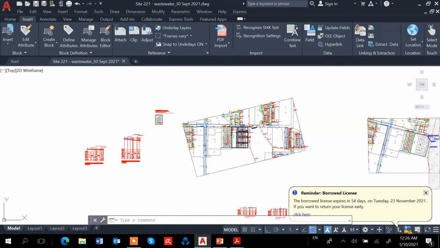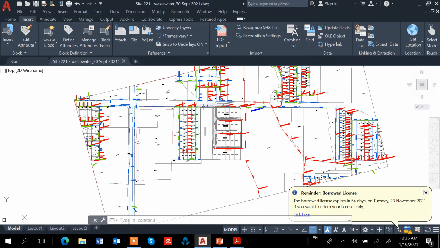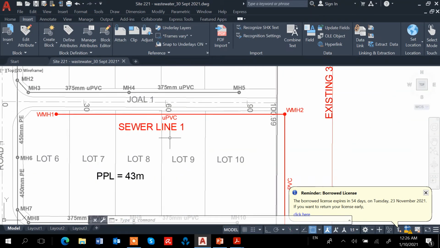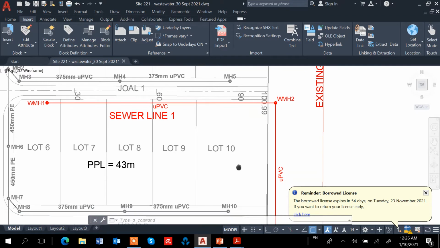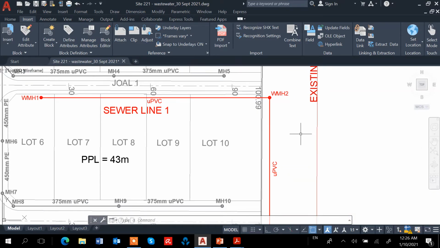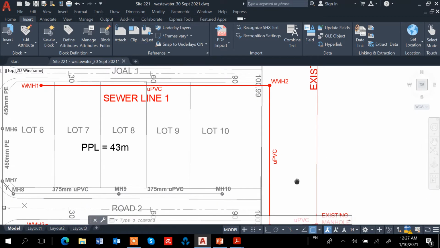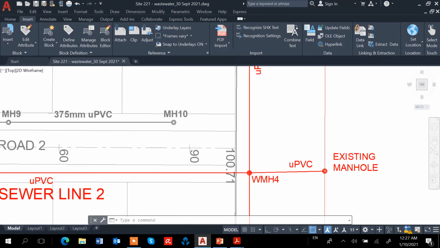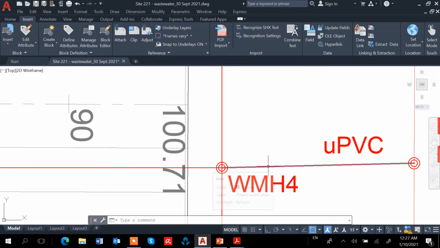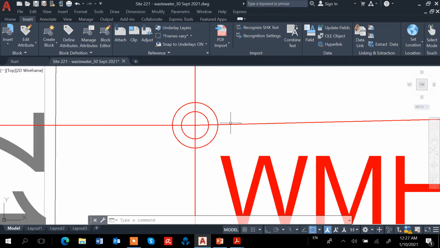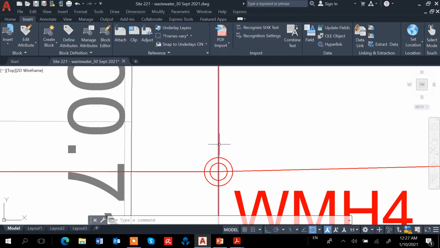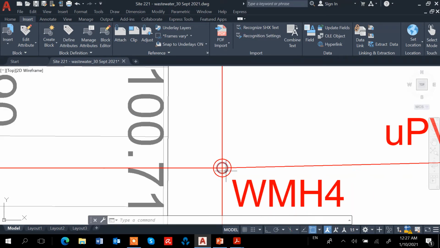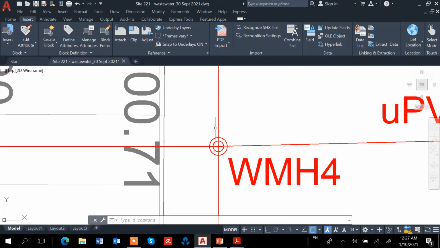So for this line, we're going to consider manhole one, then WMH2, then WMH4, and then the existing manhole. I'm going to make this into one entity because I need to find the chainage along here as well. At the moment it's not joined, so I need to break this line to join it to this line.